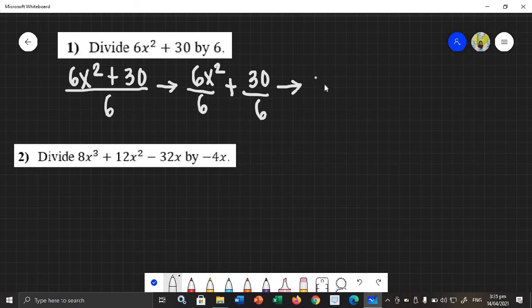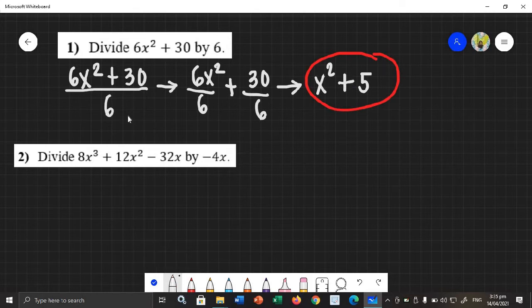So we can just simply write x squared. And then the second one, we have plus. Just write plus. 30 over 6 is equal to 5. Now the answer is equal to x squared plus 5. That is now the quotient of example number 1.